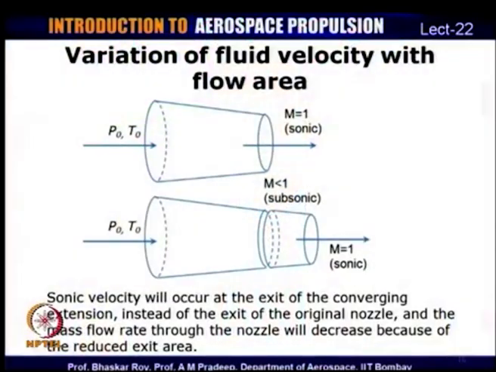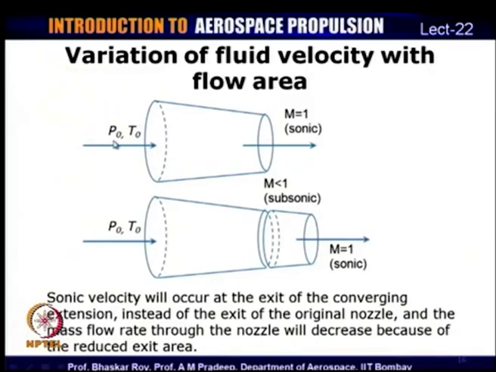So, what I was trying to say is that in subsonic flows, if you look at Mach numbers less than 1, as you start accelerating the fluid, the maximum Mach number that you can get at the end of the acceleration is Mach number equal to 1, which is known as sonic velocity.